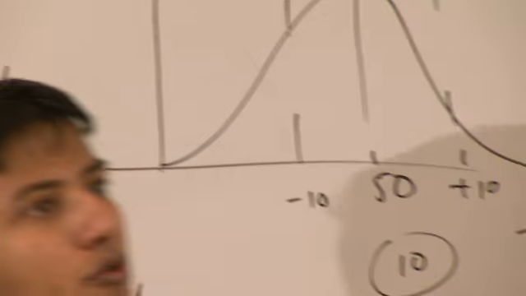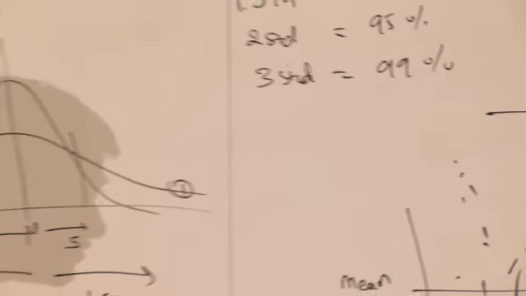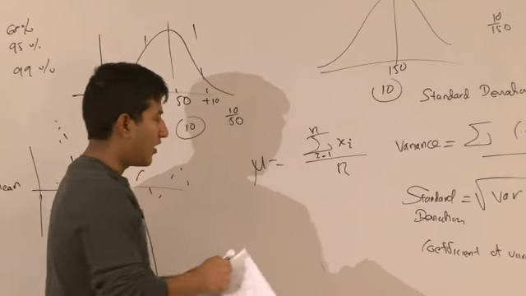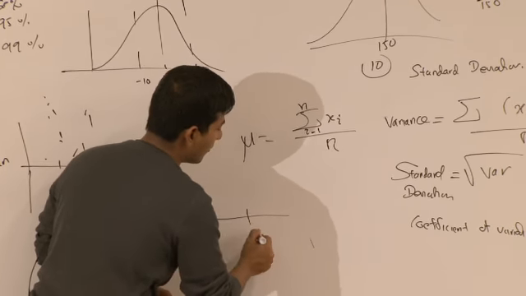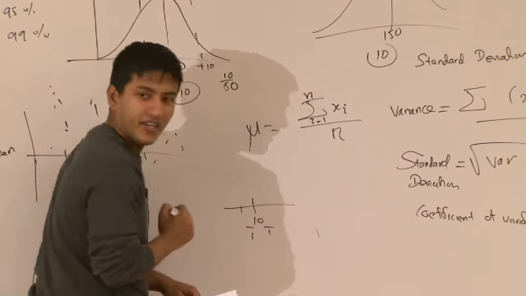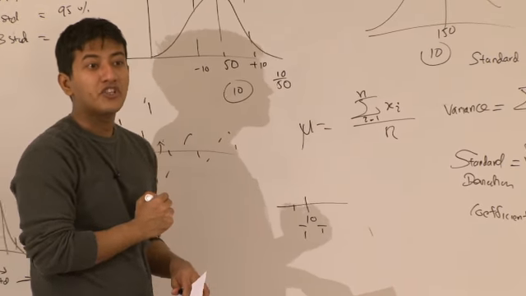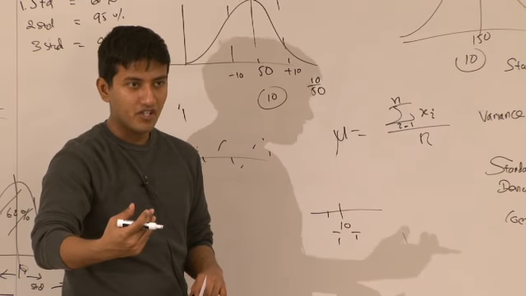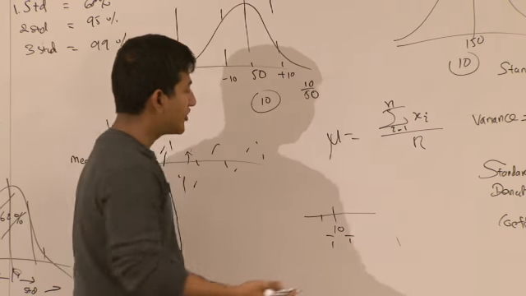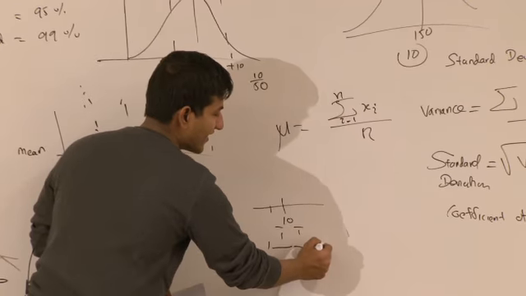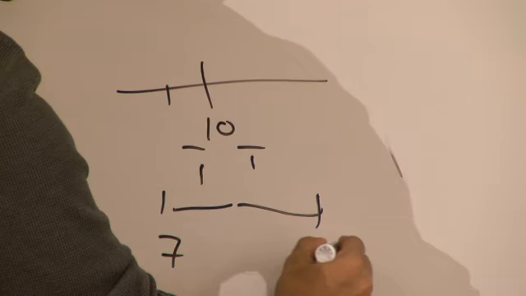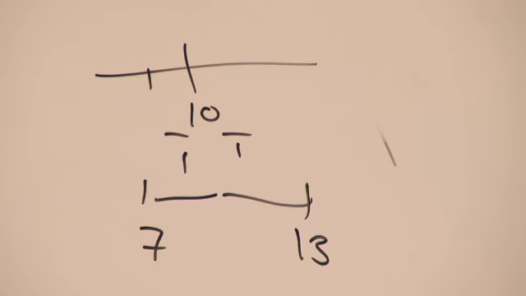So suppose you conducted so many trials and you get the values, and in the distribution, suppose mean is 10 and the standard deviation is say 1. Okay. So now with 99% confidence, we can say that the outcome of the next trial is going to be between what? 7 and 13, right?